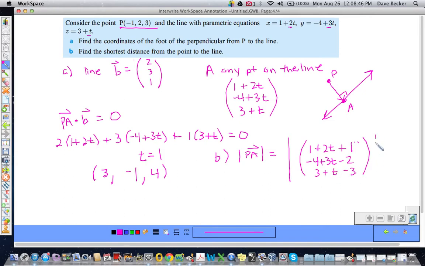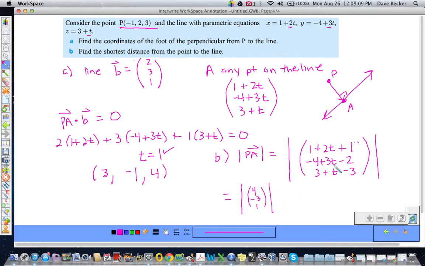But we know that it's perpendicular when t is equal to 1. So replacing t with 1, I have to take the magnitude of, let's see, this is going to be 4, negative 3, 1.